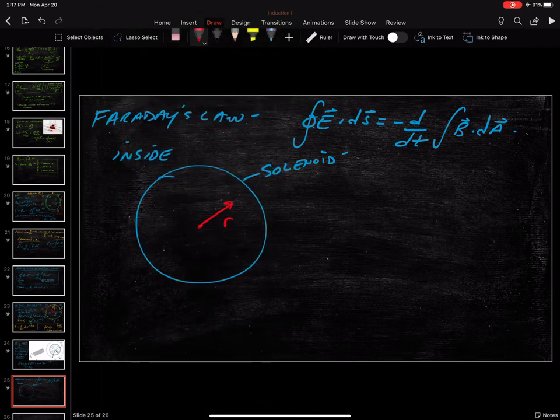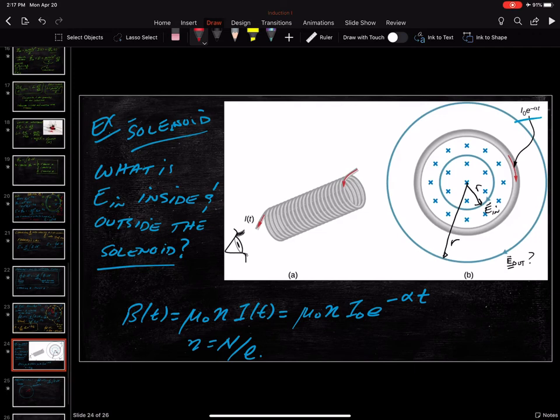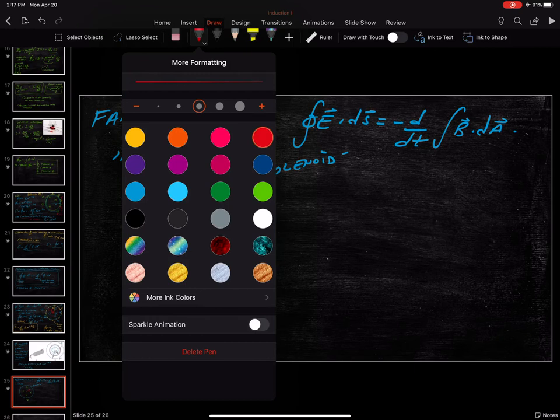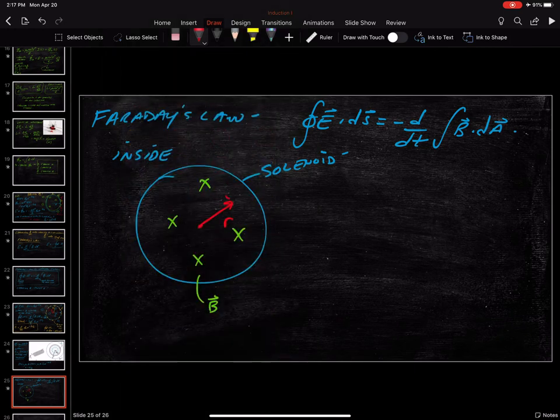Okay, and I want the electric field at that point, and as I've got it drawn here, the magnetic field points into the page. Okay, so this is my B. So I know that there's going to be an induced electric field created at that position. It's going to circle around. Okay? And of course it has to circle around based on the symmetry of this thing. Okay? Again, these ideas of symmetry are very important.